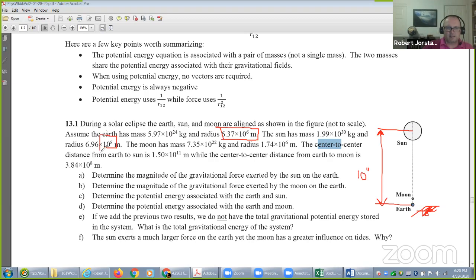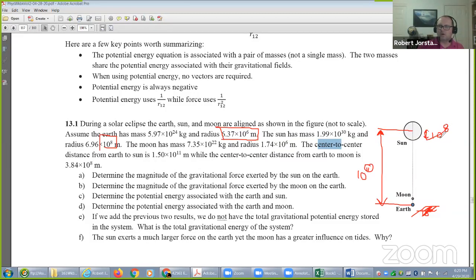The Sun's radius is 10 to the 8th, ish. That doesn't matter either. This is like at least 2 orders of magnitude larger, somewhere between 2 and 3 orders of magnitude.